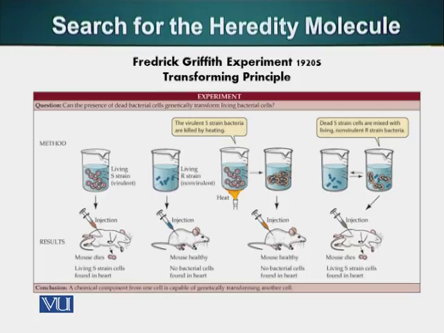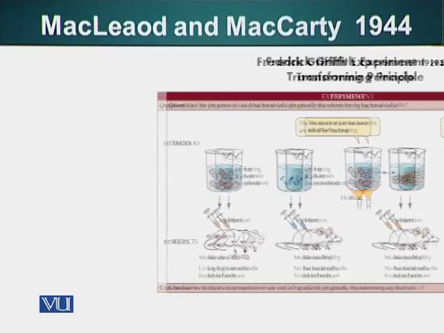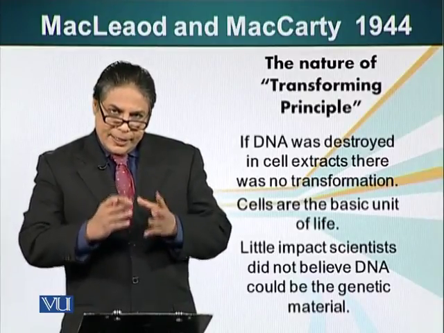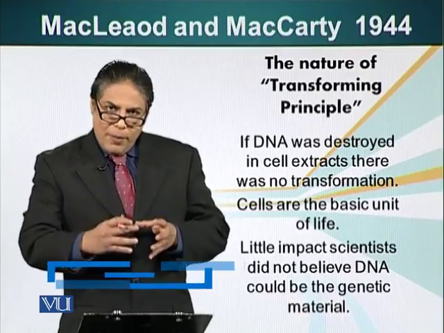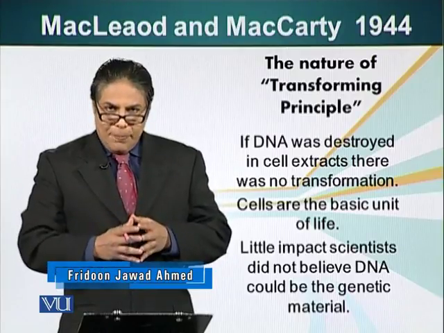Their work was pretty much ignored. However, this was a significant discovery, although it was ignored. It basically showed that DNA is the molecule that has the ability to transform living R cells into S cells.